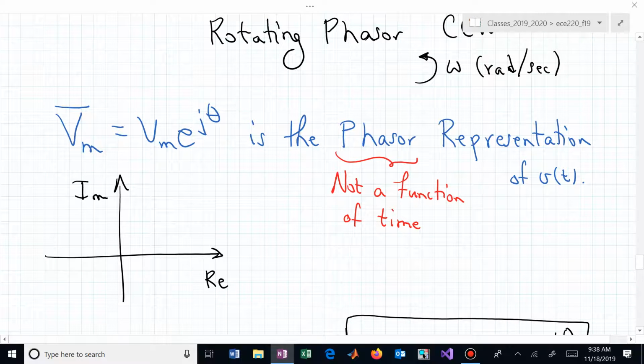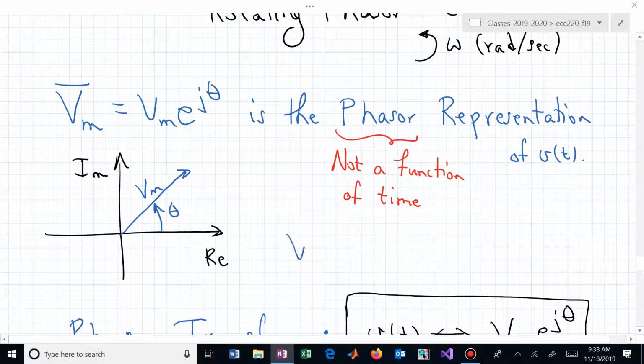Now we convert this time domain waveform, little v of t, into a phasor by keeping the rotating phasor on the side, the e to the j omega t. And we can now say, oh, we have a voltage, it has a magnitude of v sub m, and it has a phase of theta.